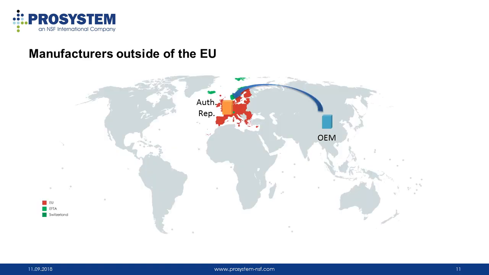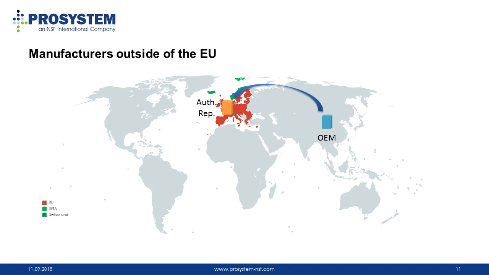So if you are a manufacturer outside of the EU, you might ask how this affects you, because of course directly affected are first of all the manufacturers located within the European Union or within the European Economic Area. So of course they have to fulfill the MDR requirements directly. But if you are a manufacturer outside of the EU, you are indirectly affected by these MDR requirements.